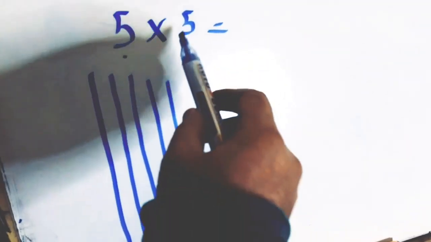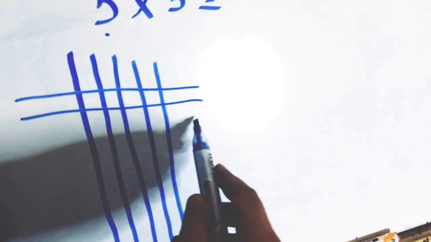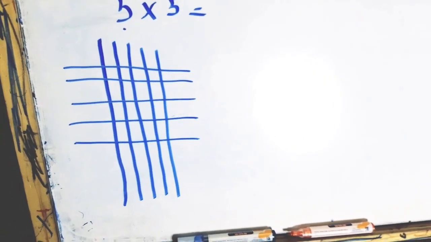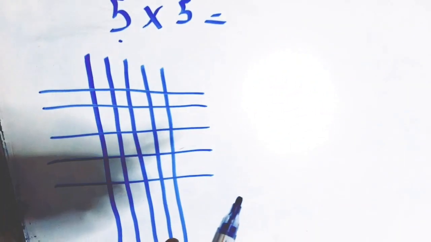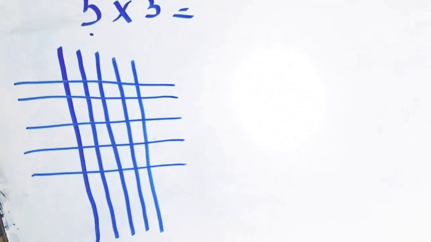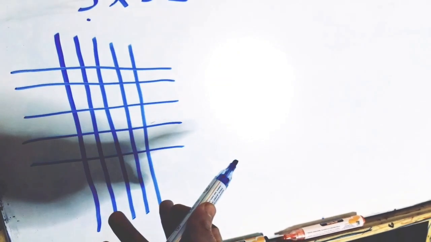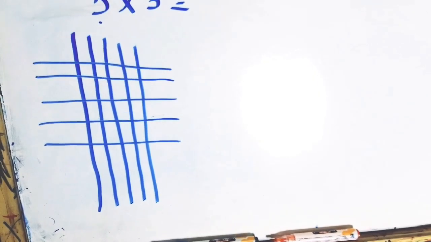We draw 5 horizontal lines. Then, what will we do? We must mark the lines with dots. Of course, we have intersectional lines, so we must use dots at the intersectional points in this way.